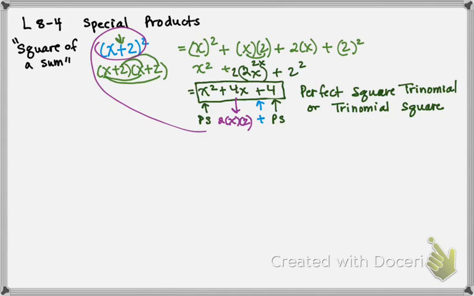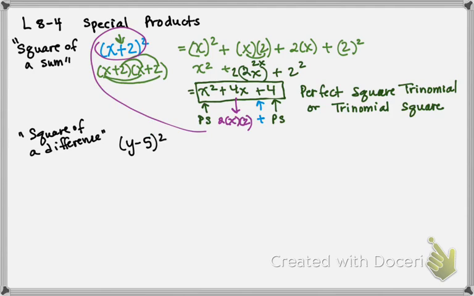Now I still have its partner, and that's going to be the square of a difference. So the only change will be the sign that's inside of the parentheses. So for example, we would have y minus 5 squared.